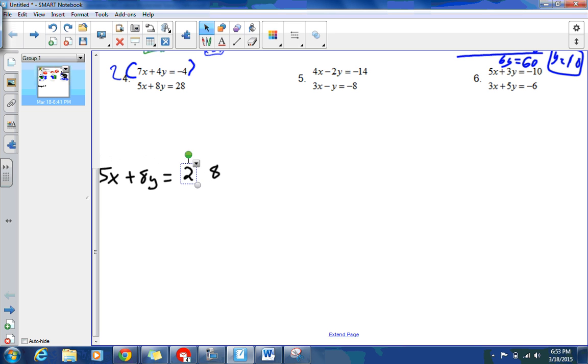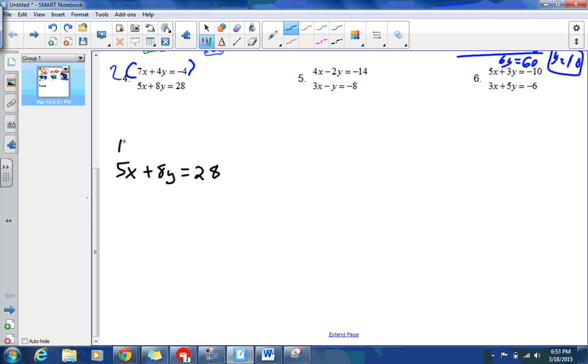Sorry, I'm having issues here. All right, so then I'm going to multiply that by 2, and it'll end up being 14x. 2 times 4 is 8y, which is what we wanted, and equals -8. Now the only difference here is both of those are positive 8s.